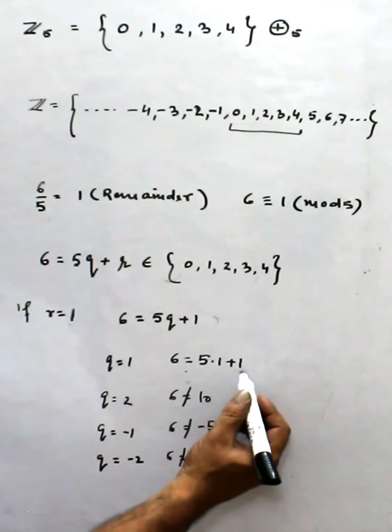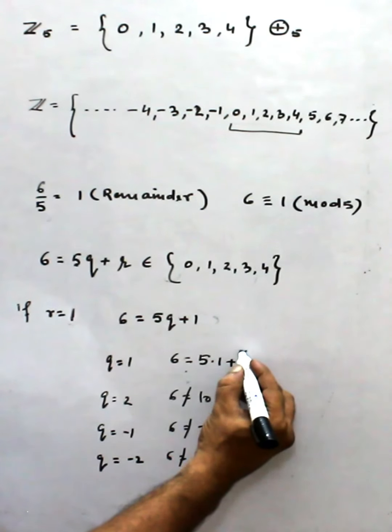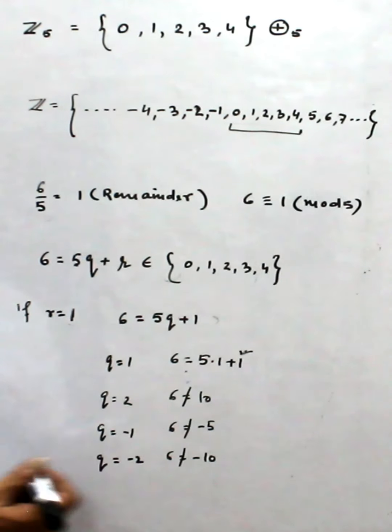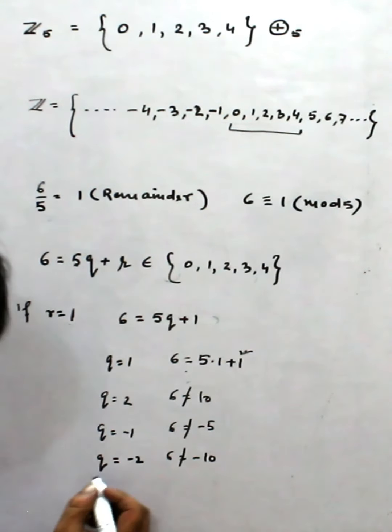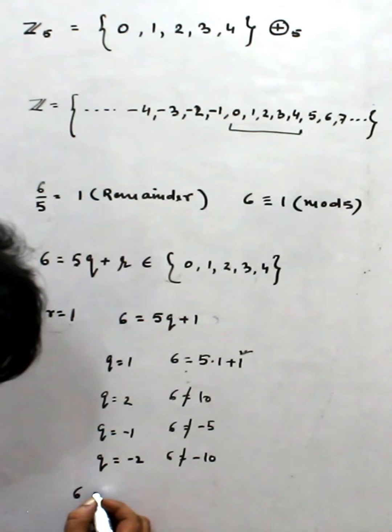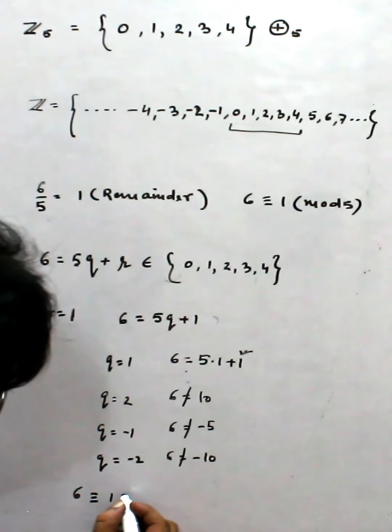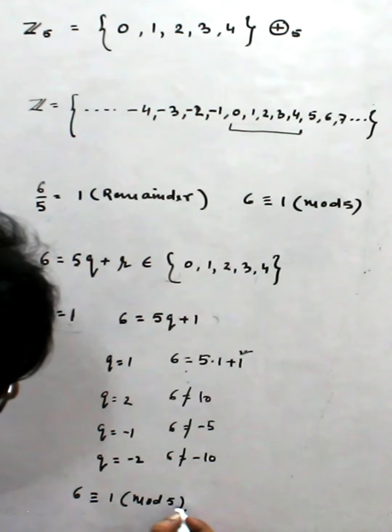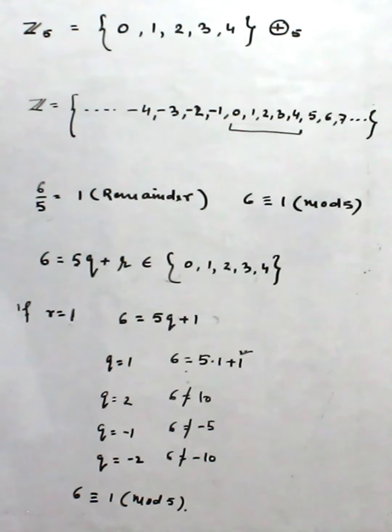This is satisfied. That means our remainder r is 1. So we can say 6 is congruent to 1 under modulo 5.